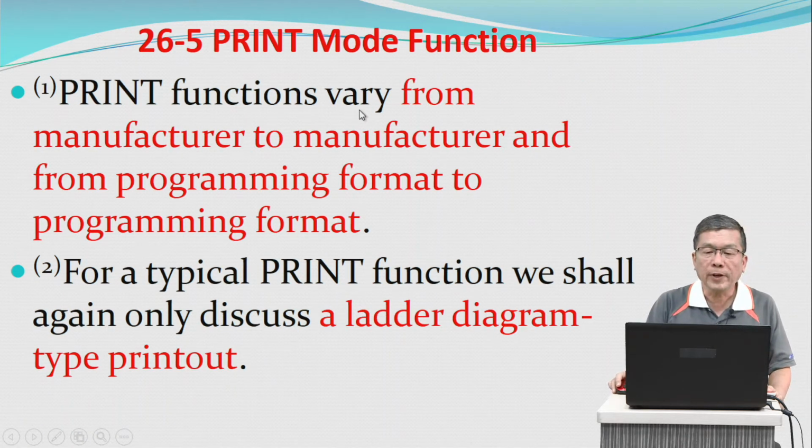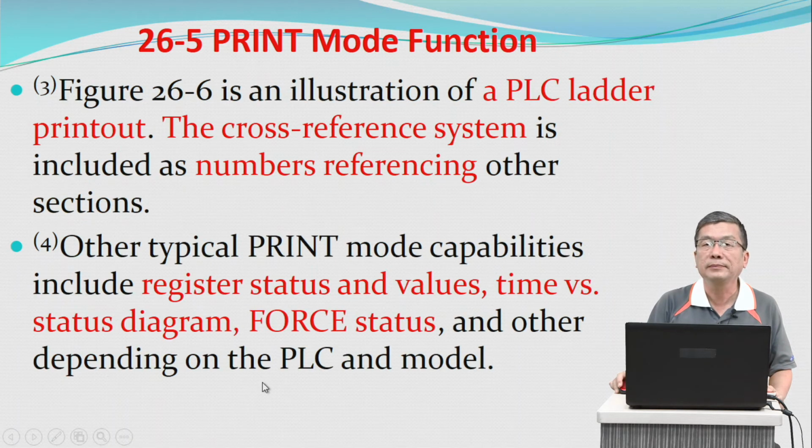Print functions vary from manufacturer to manufacturer and from programming format to programming format. For a typical print function, we shall again only discuss a ladder diagram type printout. Figure 26.6 is an illustration of a PLC ladder printout.